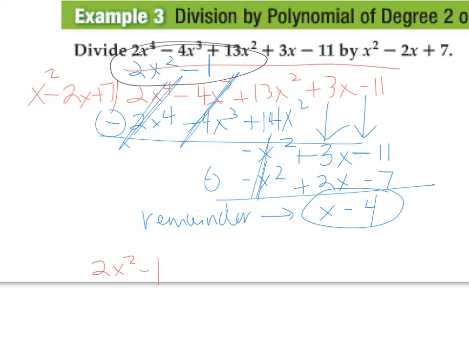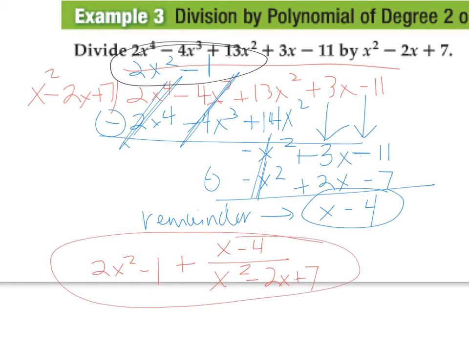And I'm going to have x minus 4 over my divisor, which is x squared minus 2x plus 7. But I don't want to just put it there. I'm going to add that fraction to it. And then that is my final answer. What that means is that my divisor is not actually a factor of my original polynomial.